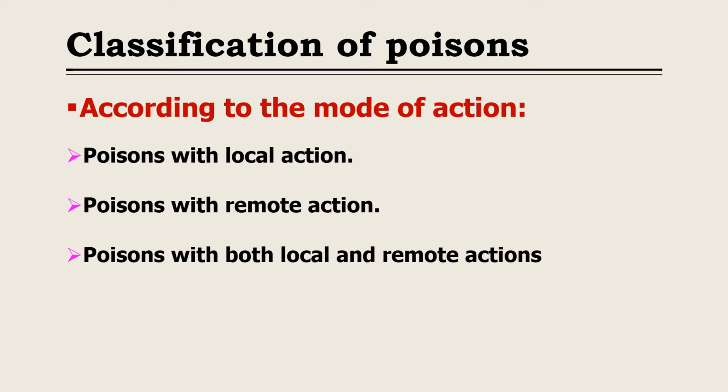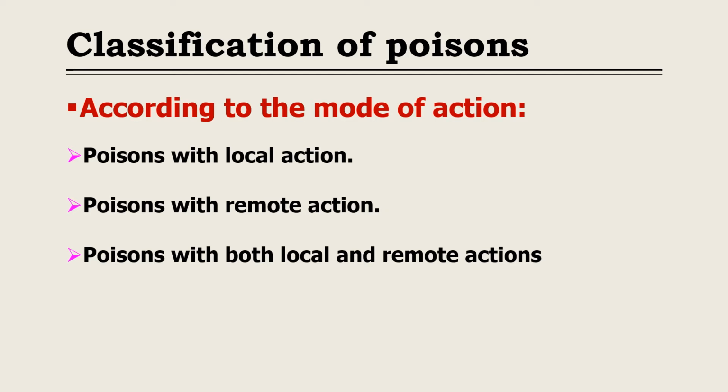This is the classification that we use, which is a classification according to the mode of action, or the nature of the action of the substance: either it is a local effect, or remote effect, or double effect. What is the meaning of local effect?